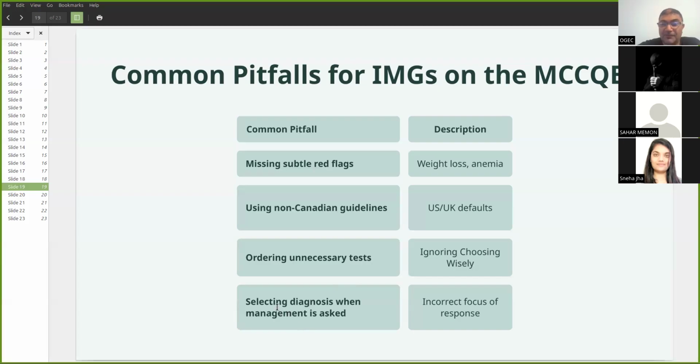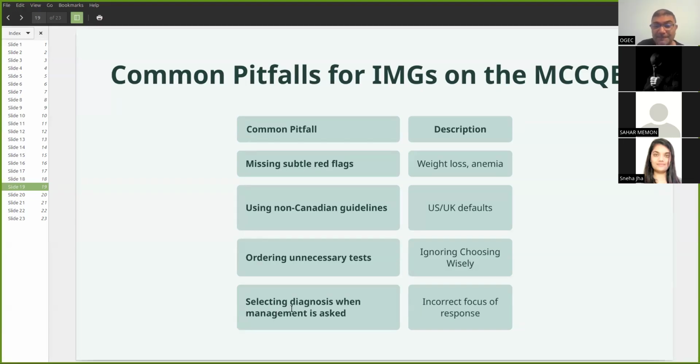And one of the maybe common mistakes is not reading properly the last line of the question, which is the most important one.